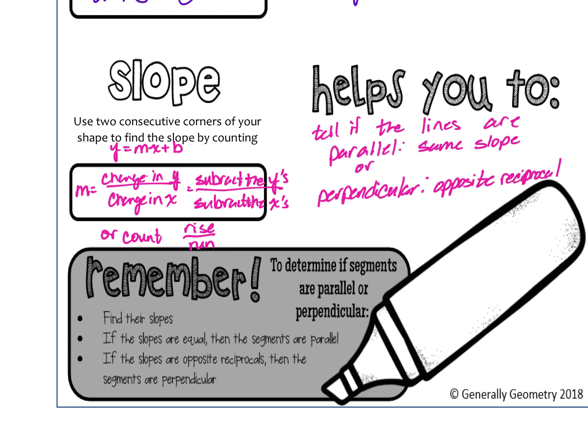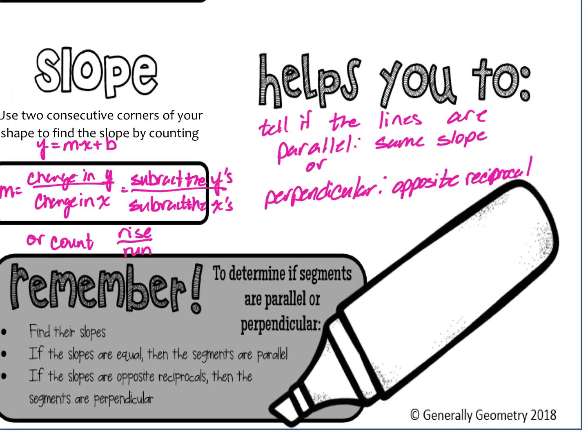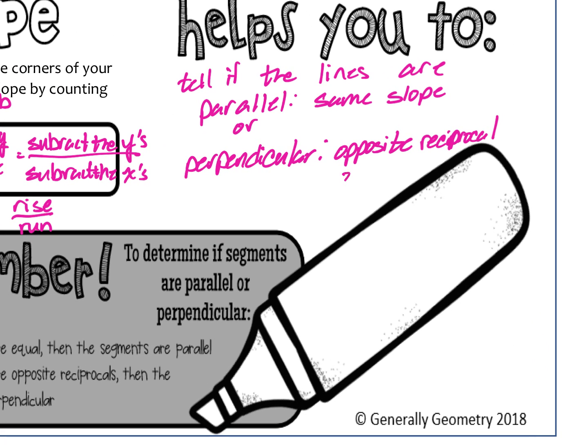Do you want me to put an example down of opposite reciprocal? So opposite reciprocal would be like 2/3 and -3/2, right? One's negative, one's positive, and then the fraction's flipped. Or 2/1 and -1/2.